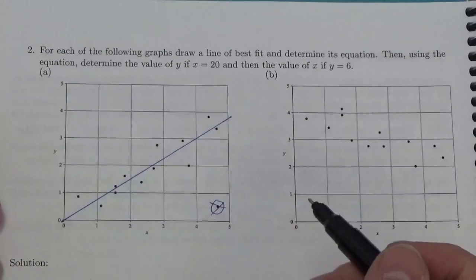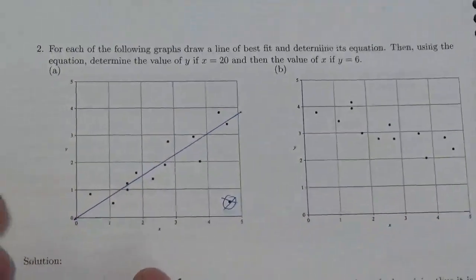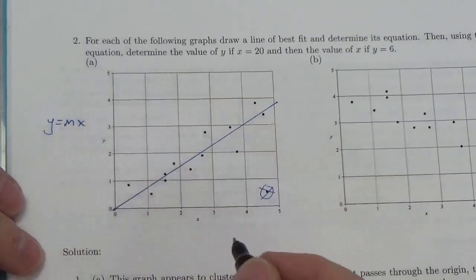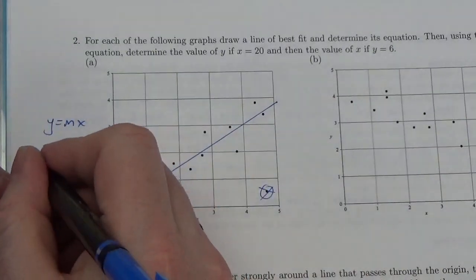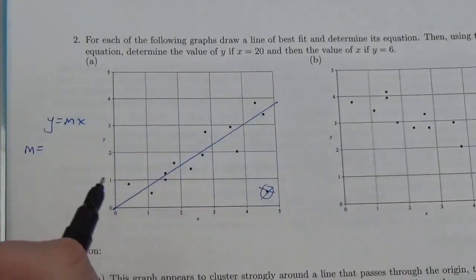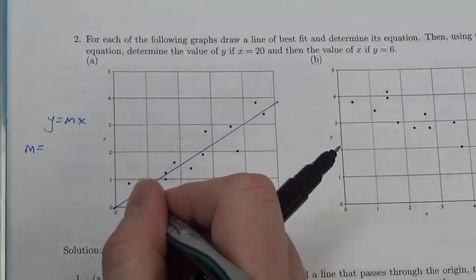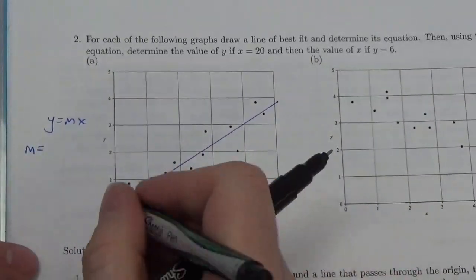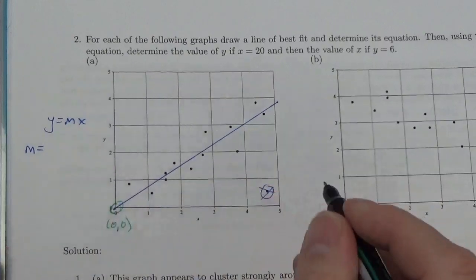Now I want to come up with the equation of that line. Well, I know that it's direct, so my equation is simply going to be y equals mx. Now I'm left trying to figure out what my slope is. Because of the way I've drawn this, I'm going to use the origin as one of my points. So I've got the point (0, 0).